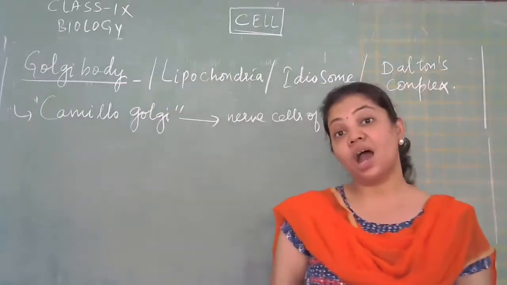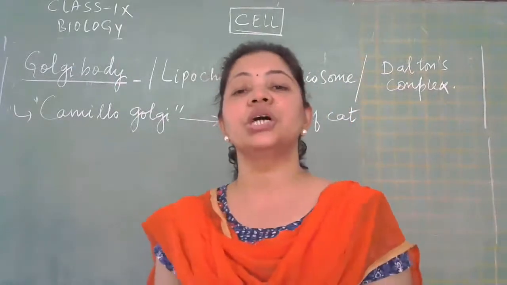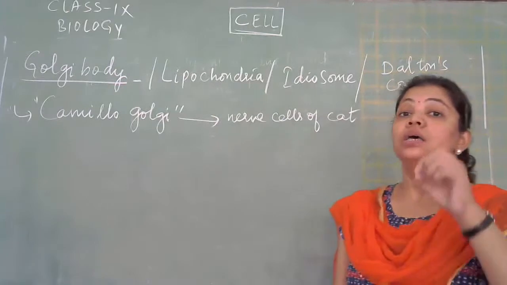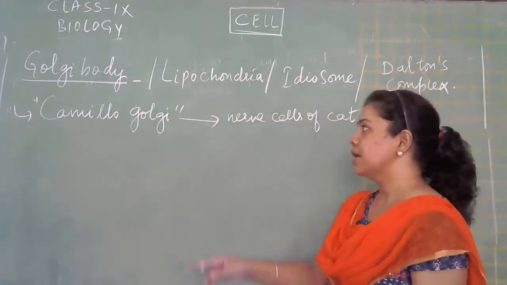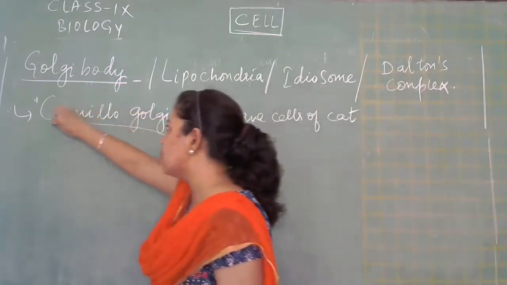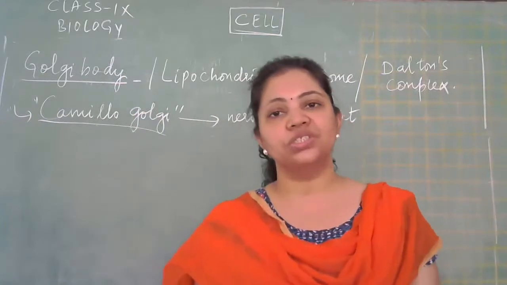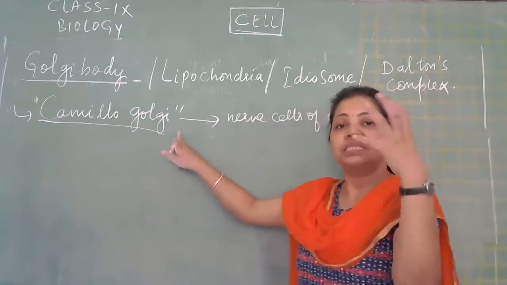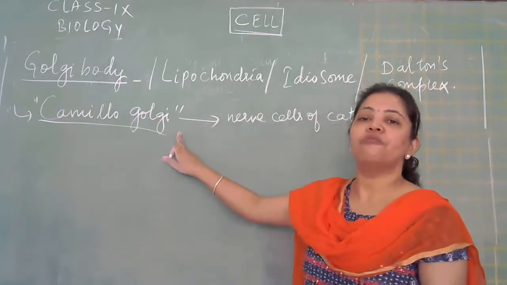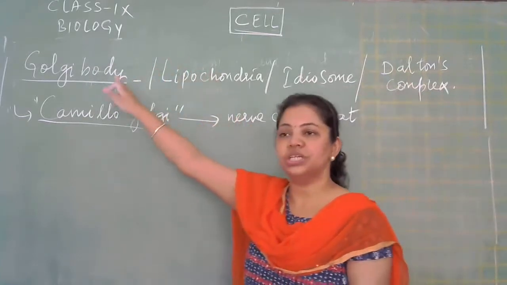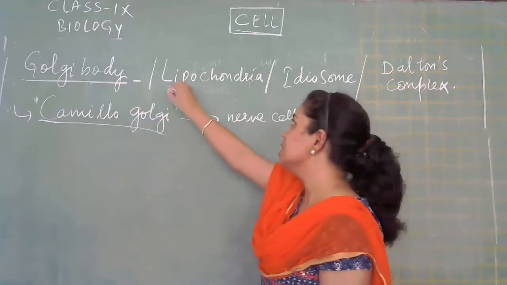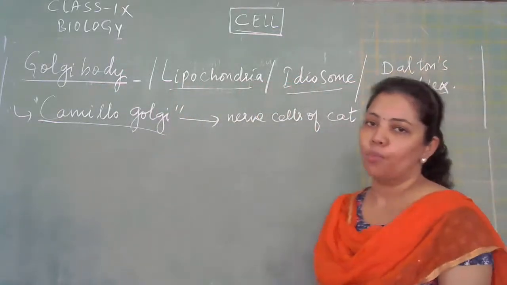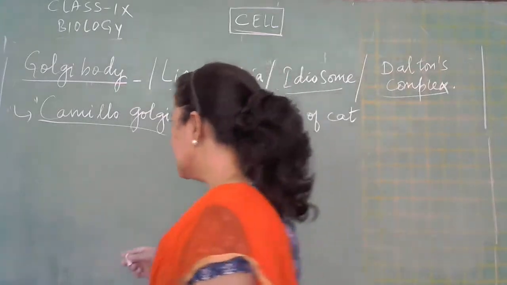So sometimes it is asked in your competitive examination, name the cell organelle which was discovered inside the nerve cells of the cat. And the person who discovered it is Camillo Golgi. So to honor the person for this discovery, this cell organelle was named after him only, that is Golgi body. And other names are mitochondria, idiosome or Dalton's complex, right?